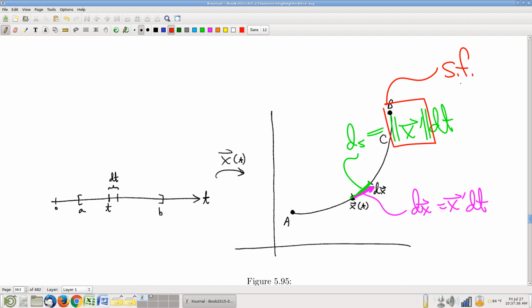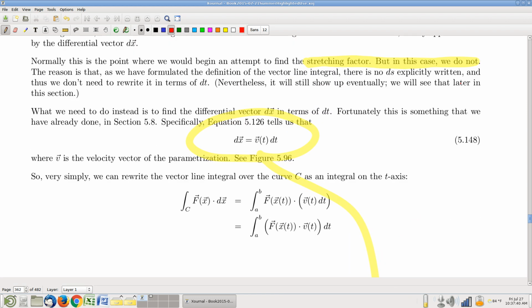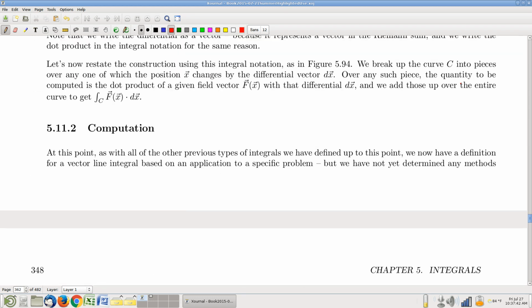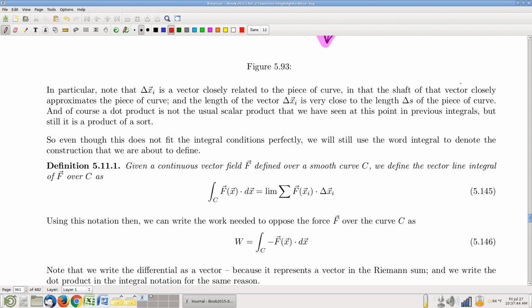Now does any of this help us with our current situation? Let's look back at the integral we're interested in rewriting. I'm interested in rewriting these kinds of integrals. And here's some really good news. This is surprisingly good news. Notice conspicuously missing from this expression is ds.